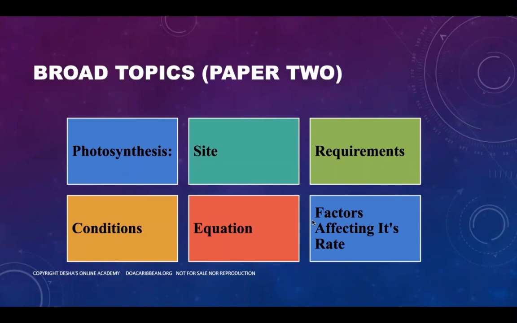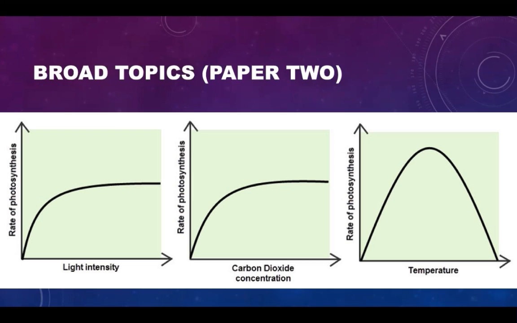And we know that a limiting factor is something that limits the rate or the growth of something. As the light intensity increases, the rate of photosynthesis is going to increase, right? Until we have that area on the graph where photosynthesis stops.